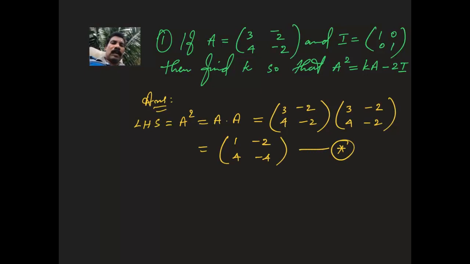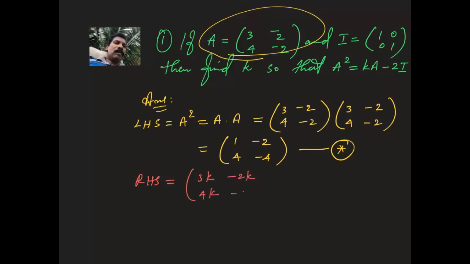Now what is the right hand side? The right hand side is equal to kA. What do you mean by kA? We have to multiply every element of capital A by k. So we can get 3k, minus 2k, 4k, minus 2k, then minus 2I. 2I means we have to multiply every element of capital I by 2.